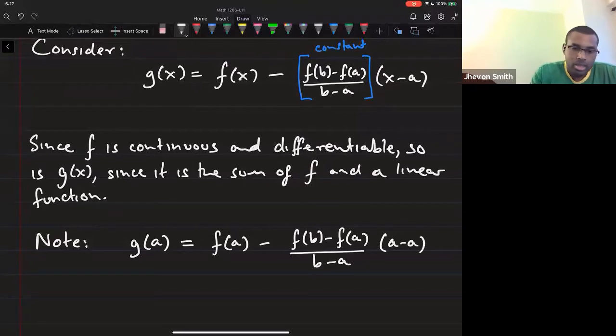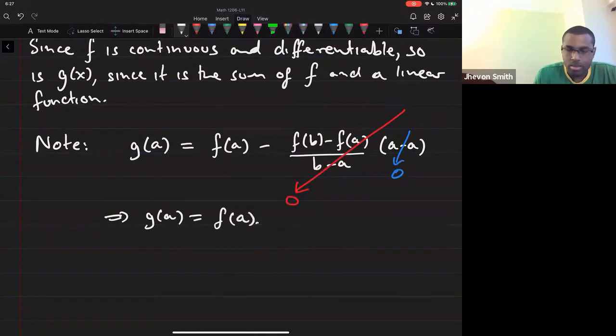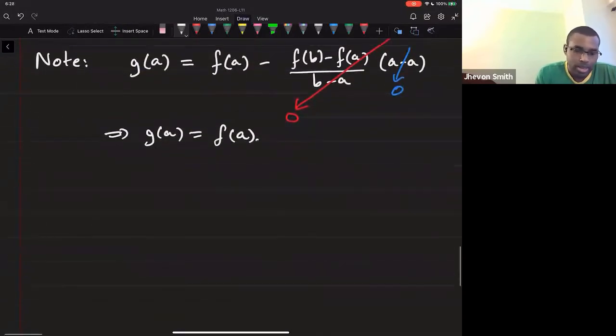Now that is 0. So this whole thing goes to 0. And so you get that g of a is equal to f of a. Cool. All right.